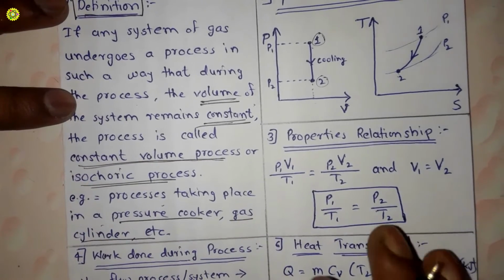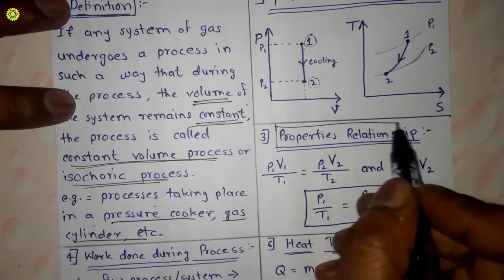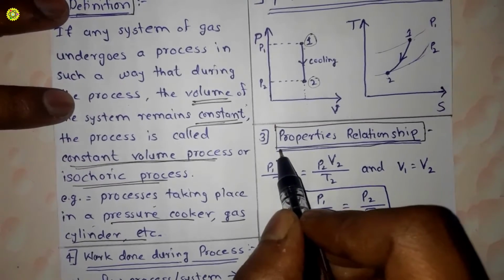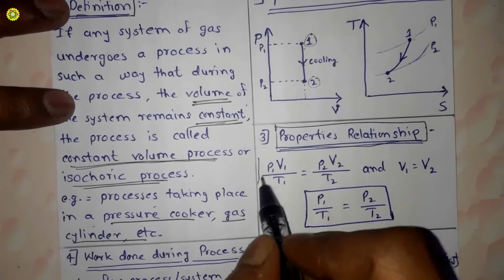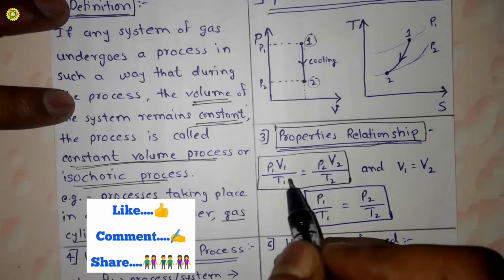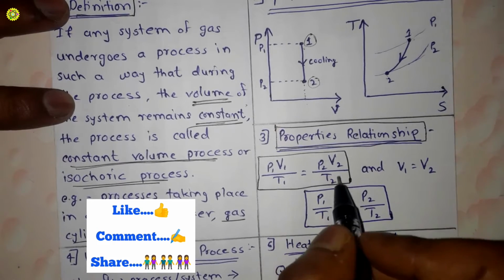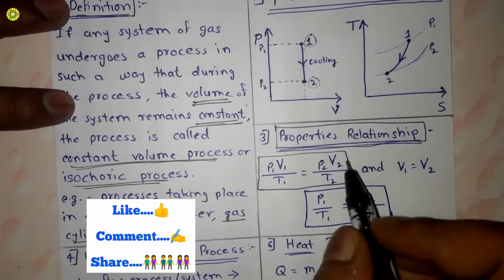Now we will see the property relationship for the constant volume process. This is our general equation of property relationship, which is P1 V1 upon T1 equal to P2 V2 upon T2.